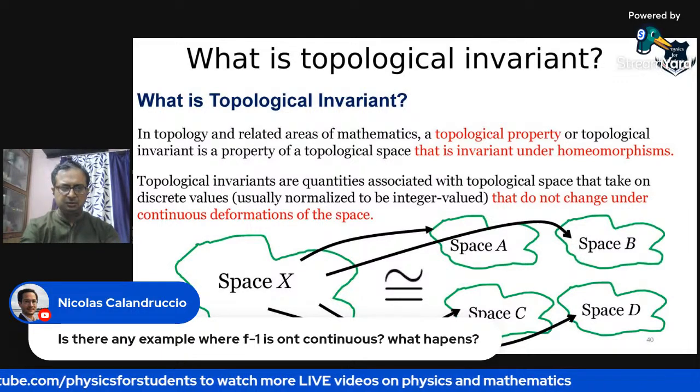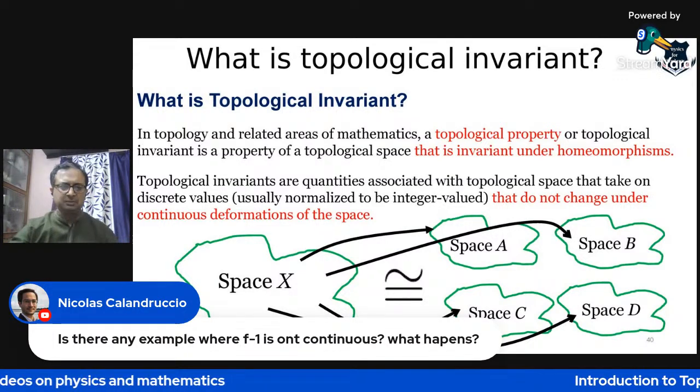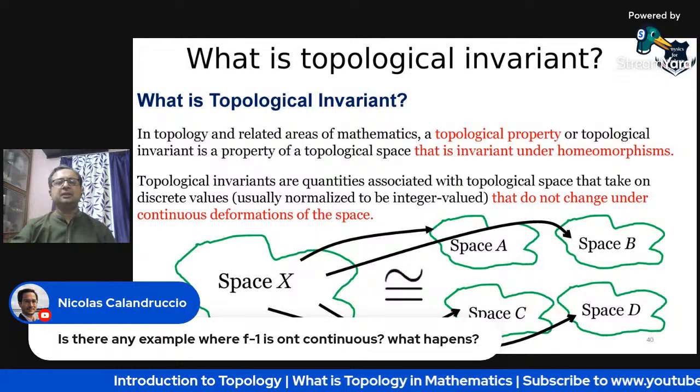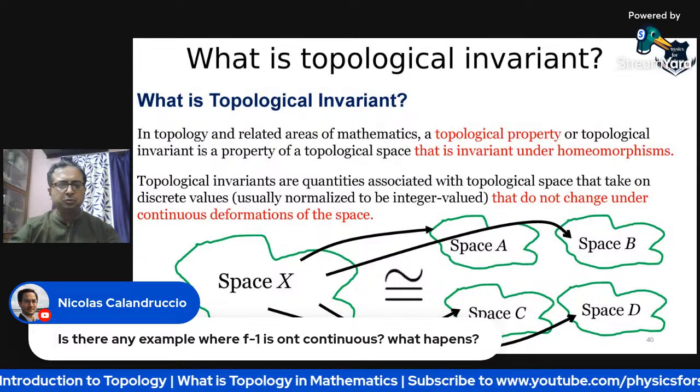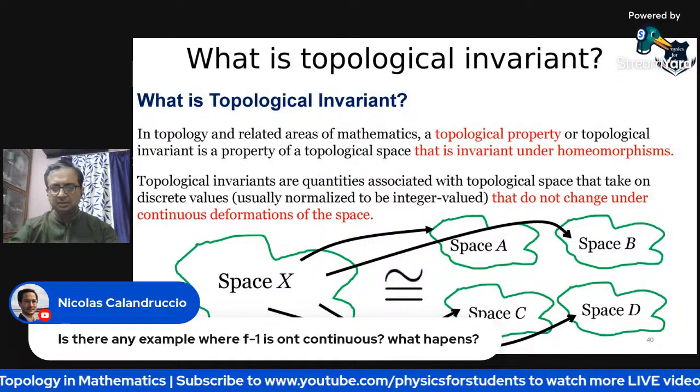Let me see, a not continuous homeomorphism. I knew this one, I mean to say it was there. I don't remember. But anyway, okay, let me show this one to you. We can get this done in here, then it will be better.